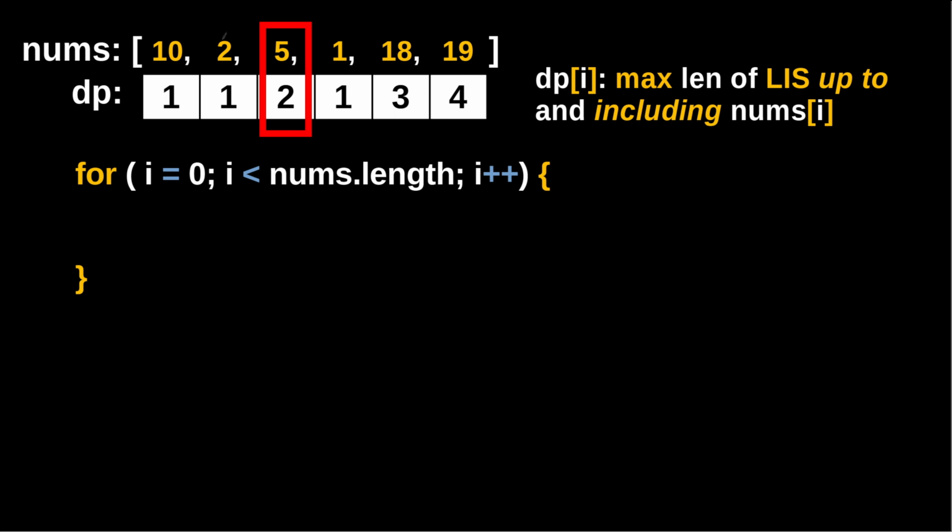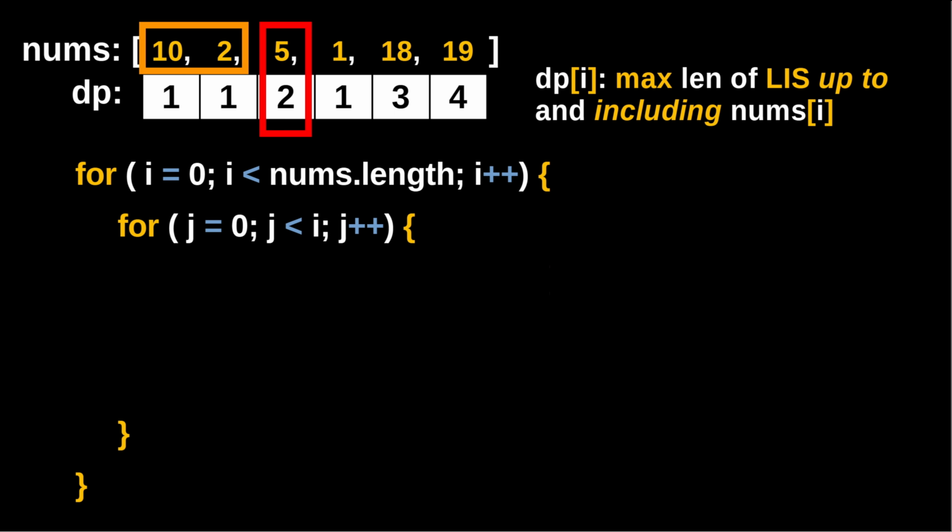If there are other subsequences that include 5, what is the value in that sequence immediately before 5? Where is that value coming from? Well, that value can come from here or here. Therefore, we have to iterate the nums array between the element 0 and the element immediately before 5 to check if any of these elements can make an increasing subsequence with 5.